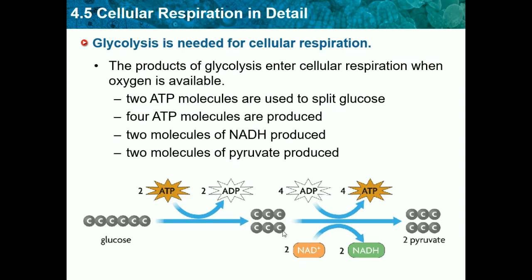NAD+ and NADH are exactly like the other two, but the one in photosynthesis has a P, so you can remember that it has a P because photosynthesis has a P. NADP goes with photosynthesis, but NAD+ goes with cellular respiration. It's the same exact concept.